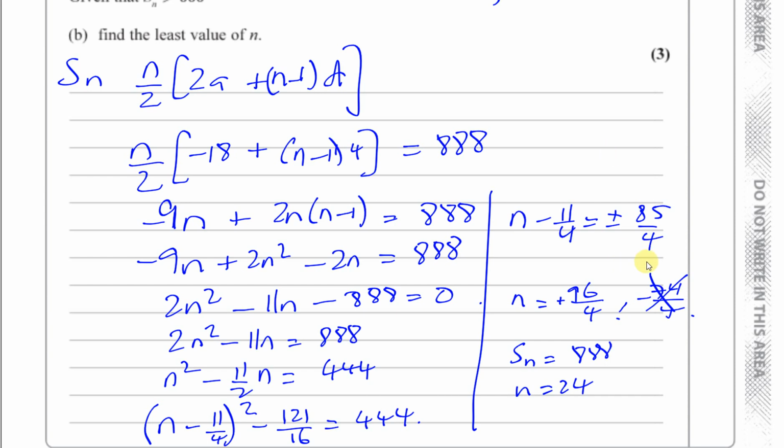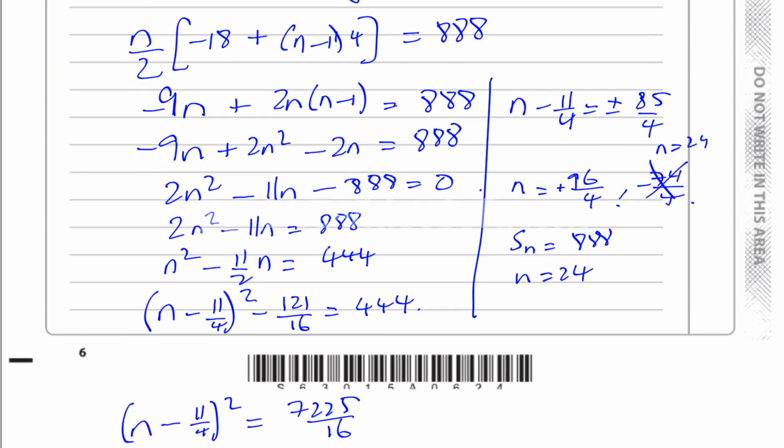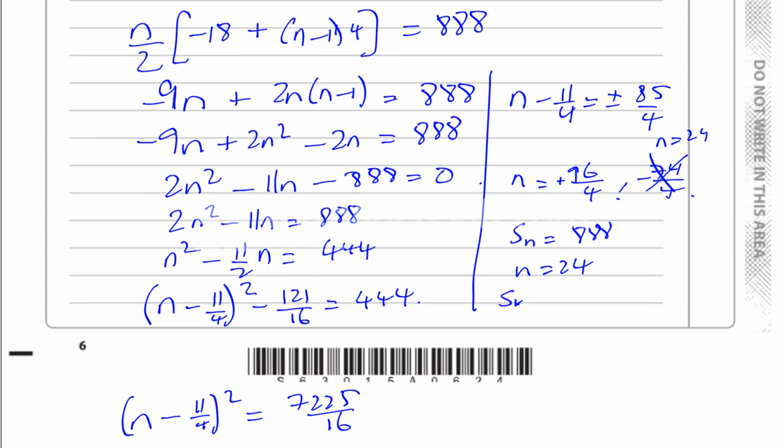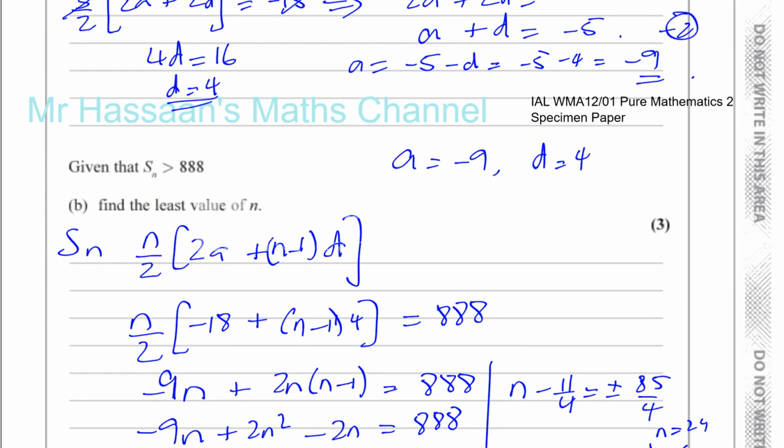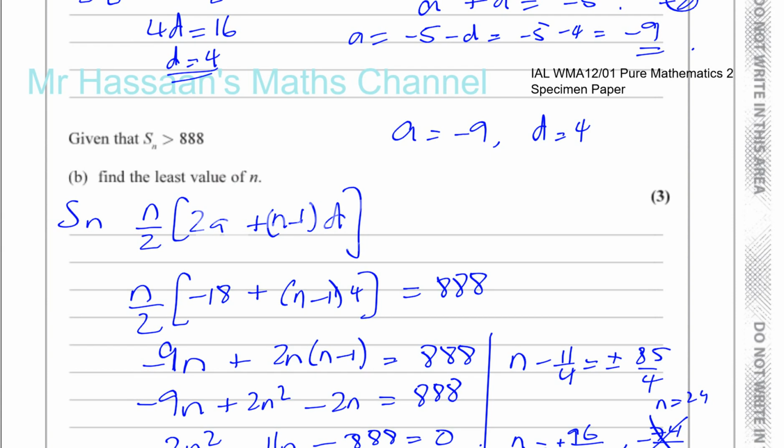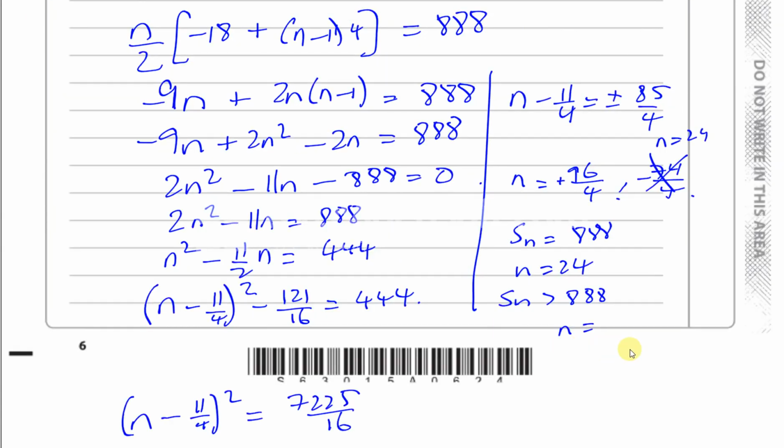So therefore the sum is going to be greater than 888 when, now I've got to be careful here because the difference is 4, so it's going to be adding. So it's going to be the 25th term. The next term up is going to be when it's greater than 888, because on the 24th term it's equal to 888.